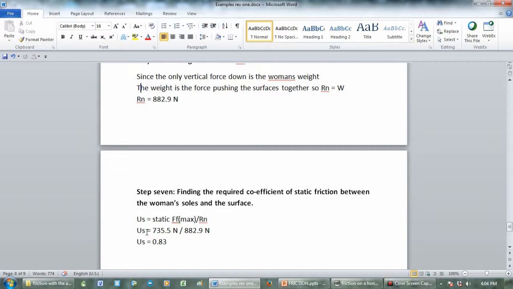The coefficient of static friction will therefore equal 735.5 newtons divided by 882.9 newtons. So, the static coefficient of friction has to be at least 0.83 between the soles of the woman's boots and the surface in order for her to apply enough force to start to slide the object without herself slipping.